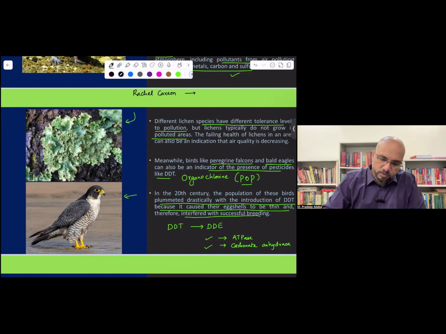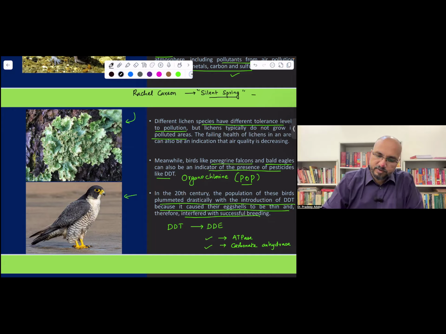She published a book, Silent Spring. It became very famous, and it was one of the main reasons for the environmental awareness and the negative effect of these pesticides on the fauna, on the birds.